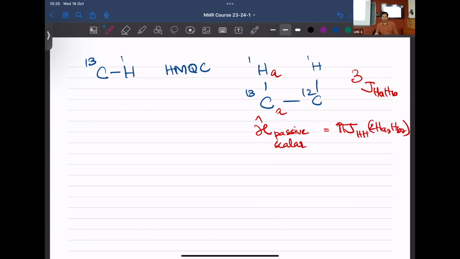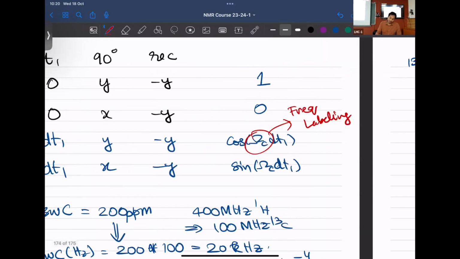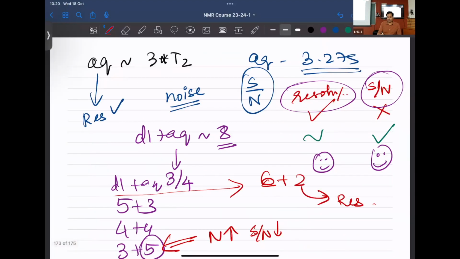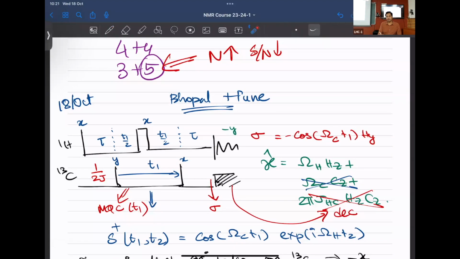What am I trying to say again? Previously, whatever you evolved in the MQC, we said that it will not evolve with a proton chemical shift. It will not evolve with the active scalar coupling, which is the one-bonded carbon-proton scalar coupling, because it's multiple quantum coherence. And then we moved on, we only evolved carbon chemical shift here.